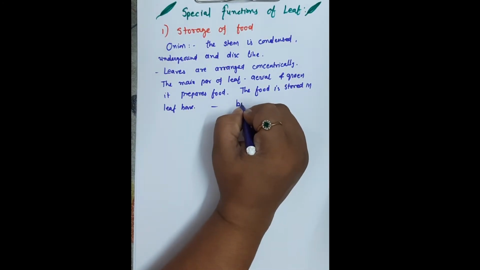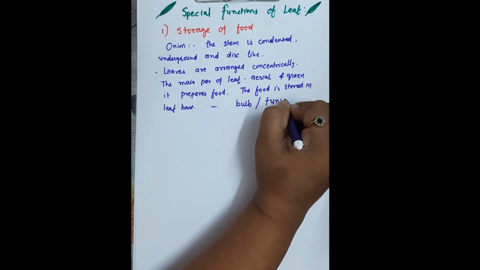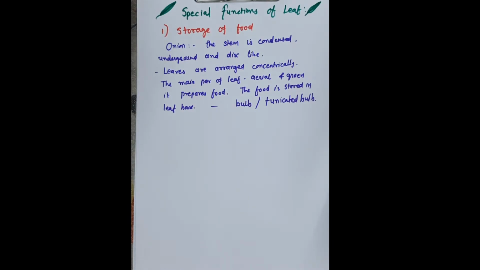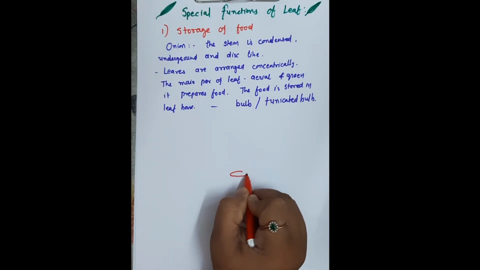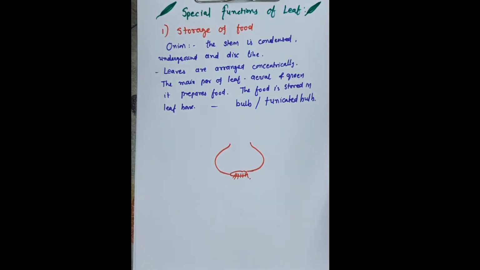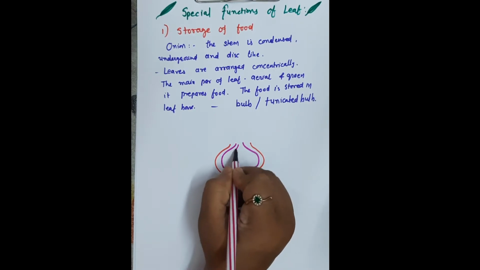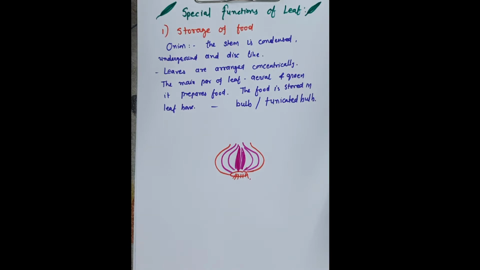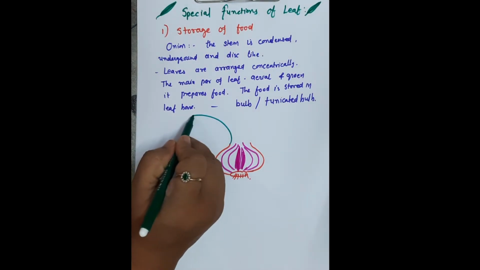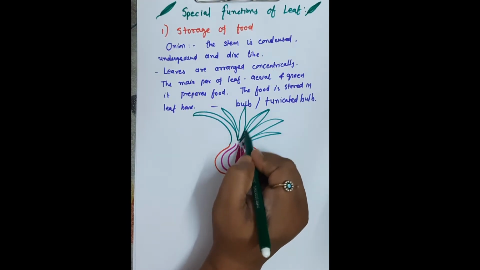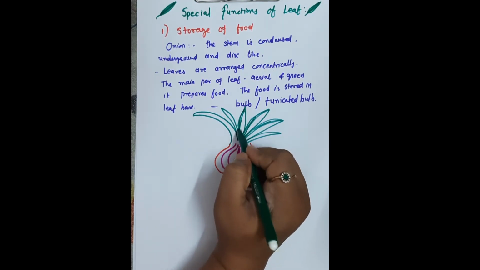And this is also known as a bulb, or we can say tunicated bulb. तो सबने onion देखी है. onion में ऐसे मेन नीचे स्टेम होता है, एडवेंटिटियस रूट होते हैं, बाहर स्केली और पेपर लीफ बेस होता है, and leaves are arranged concentrically. The inner leaf bases are thick, and the outer leaf bases are papery, and the main part of the leaf is green and carries out photosynthesis.